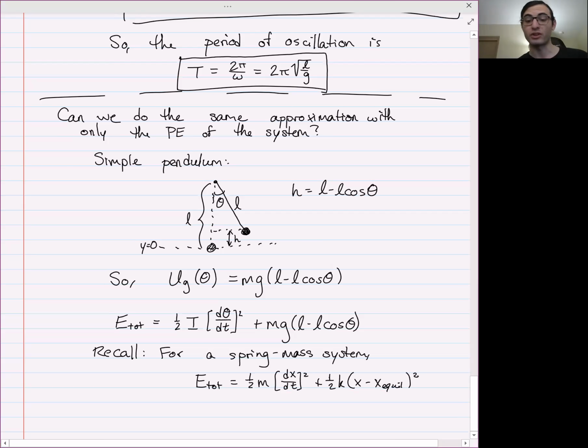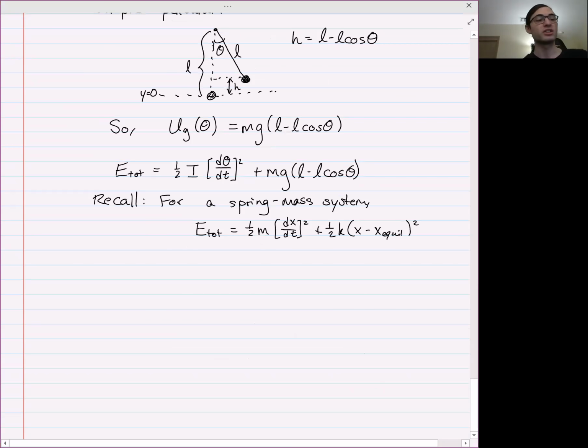That is the formula for the total energy of the spring mass. So what we're going to try to do is approximate the total energy here so that it matches the total energy there. Then we can match variables, and once they match, we can assume it has the property of the simple harmonic oscillator, and then we're done.